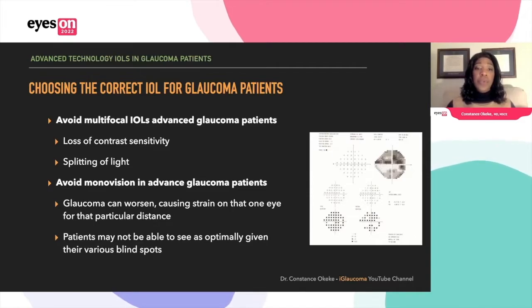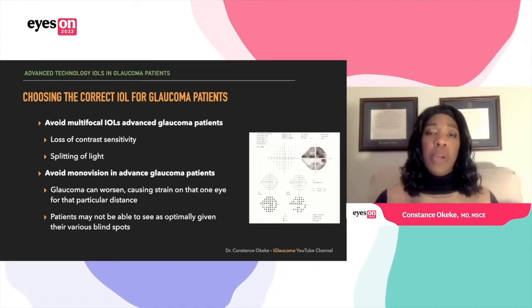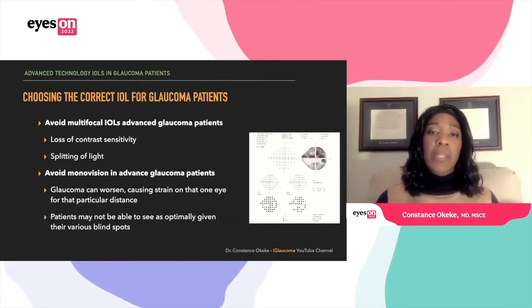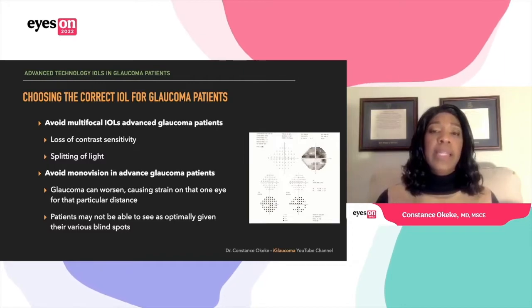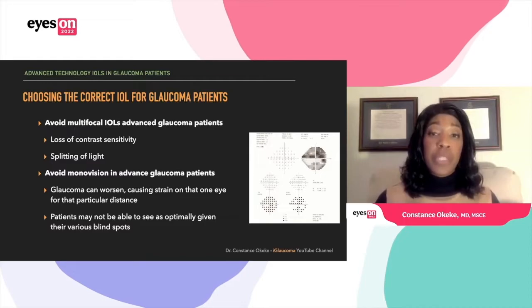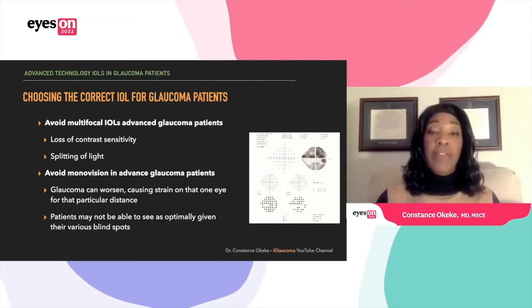I tend to dissuade patients who have moderate to advanced glaucoma in one eye and very mild in the other eye from monovision, because you're putting all your weight of vision on one eye. If you have significant glaucoma in that eye, there's more risk for progression, and at some point they won't be able to utilize that eye well for that function, and then they're going to be back in glasses.